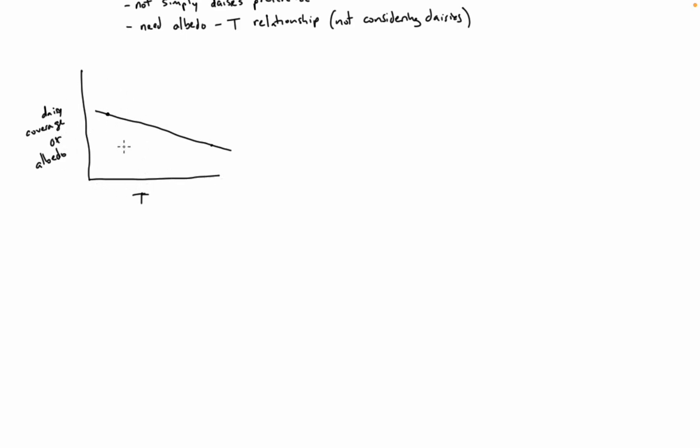Okay, so this graph is independent of daisies, but it has the same axes. If we draw the daisies' preference diagram onto there, we find intersection at 2 points.